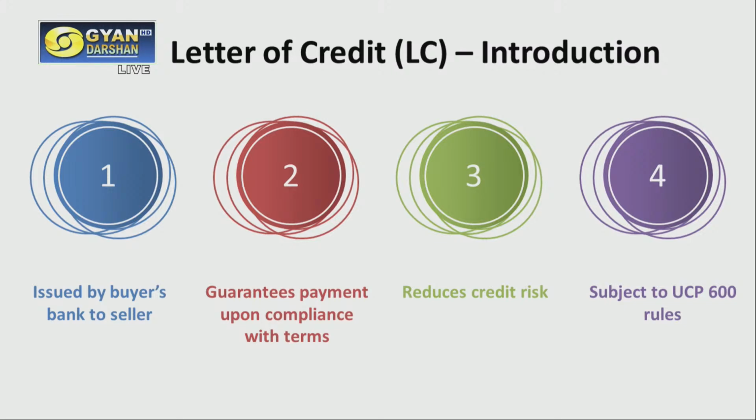Credit risk is also known as payment risk or default risk in international trade. Credit risk occurs when the buyer is not solvent, or it becomes bankrupt. And number four is, it is subject to the UCP 600 rules. Letters of credit are basically governed by the UCP 600 rules.